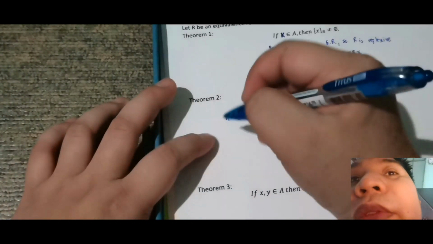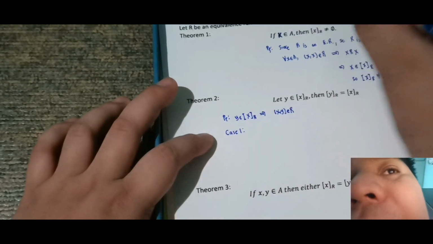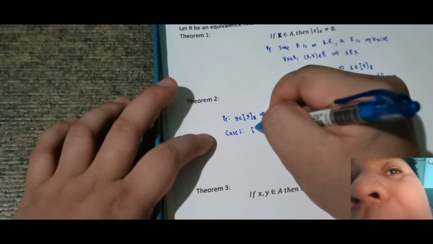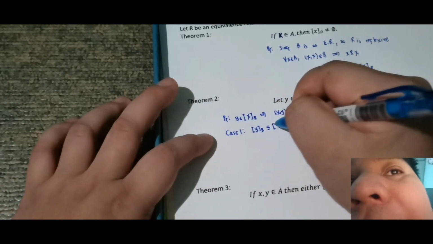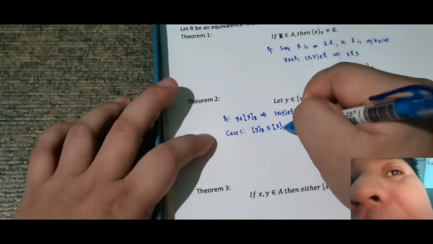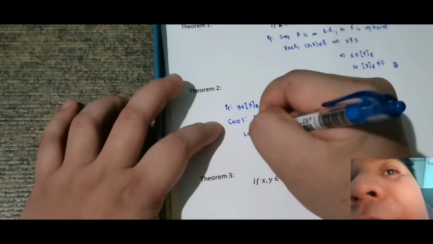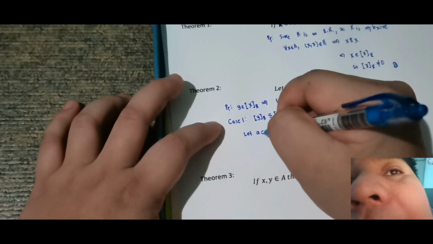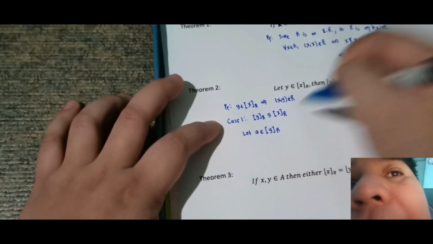Case 1: we need to show that the class represented by y is a subset of the class represented by x. By element argument again, let a be an element of the class represented by y.